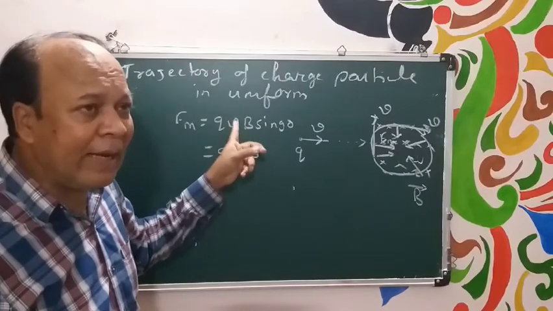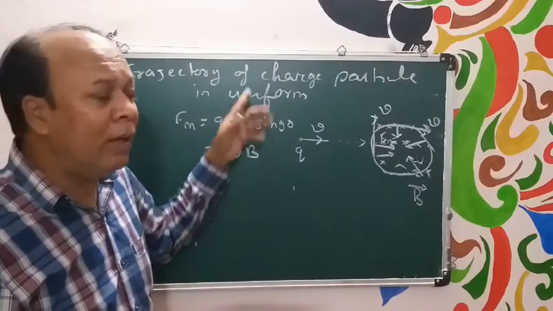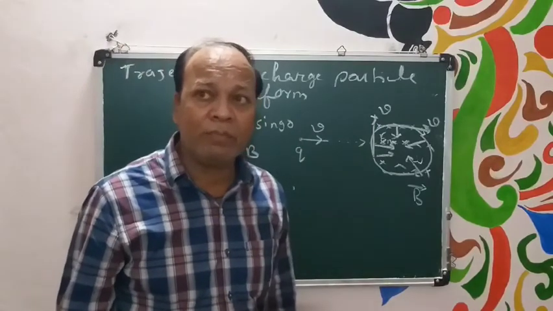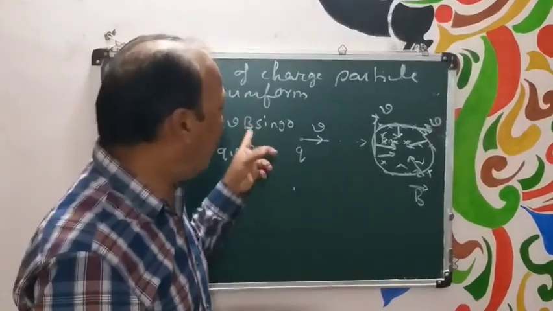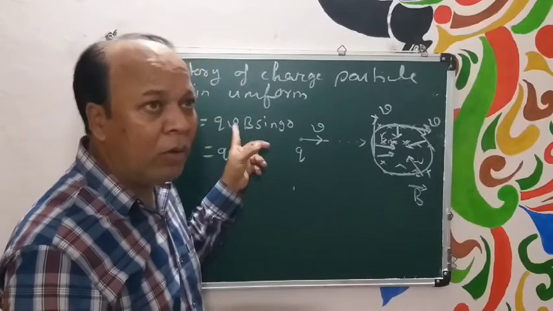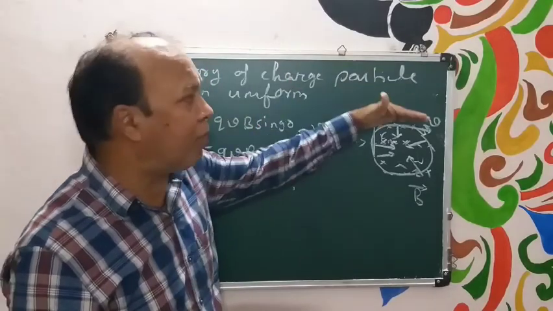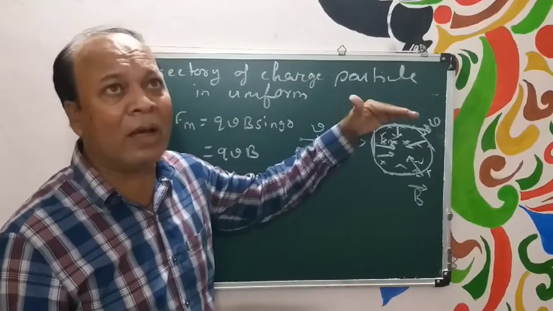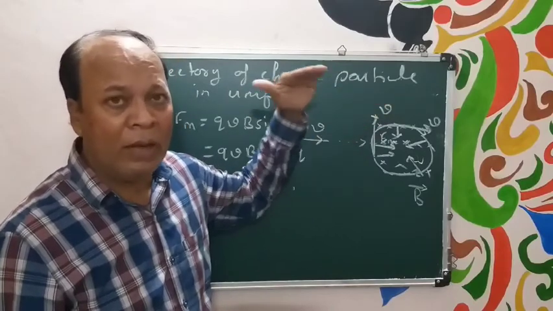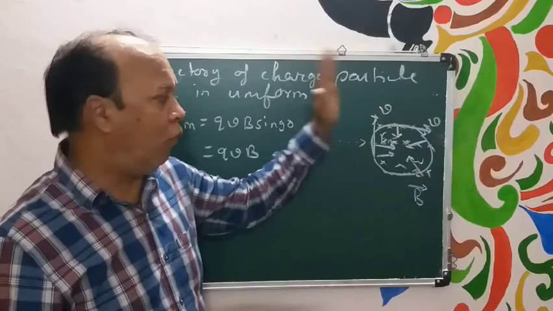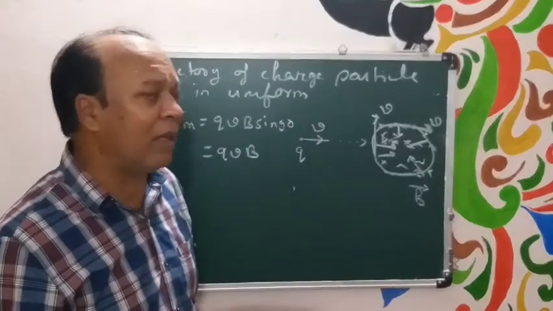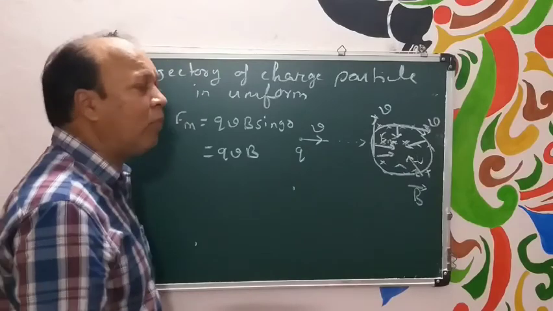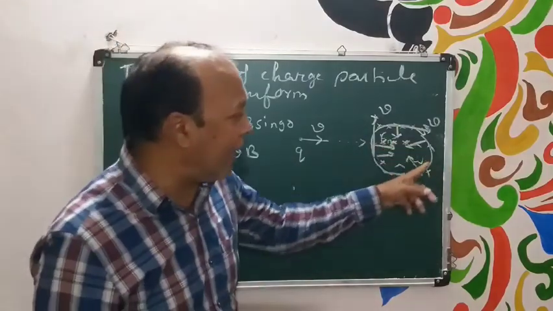First case, it should remain normal to B. That means now charged particle will be restricted in the same plane only, and it should be perpendicular to V also. That means the charged particle should remain normal. So this force may serve as centripetal force. That means now trajectory of the charged particle will always be circular.